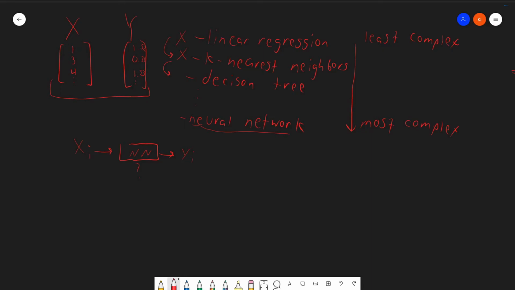But as for that, as of right now at least, there's no real efficient way to see why a neural network is predicting the way it is. In this case, say you get a data point of 1 and you get an output y prediction of, say, 1.52.